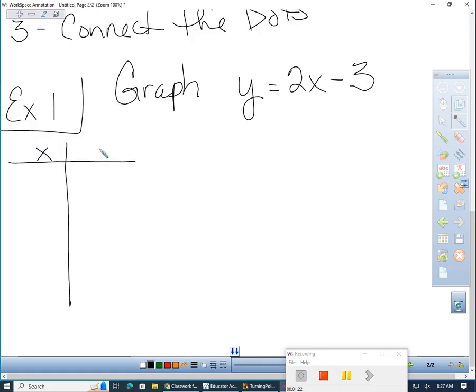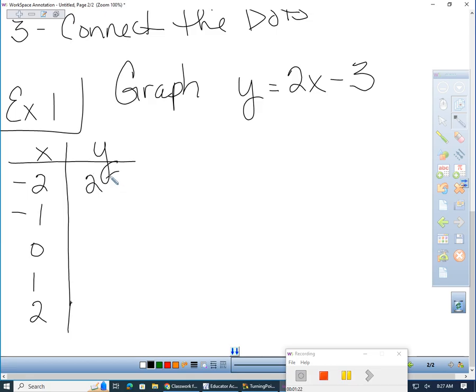In our table of x and y, the values we are always going to use are -2, -1, 0, 1, and 2. We're going to take those values and plug them into our equation.